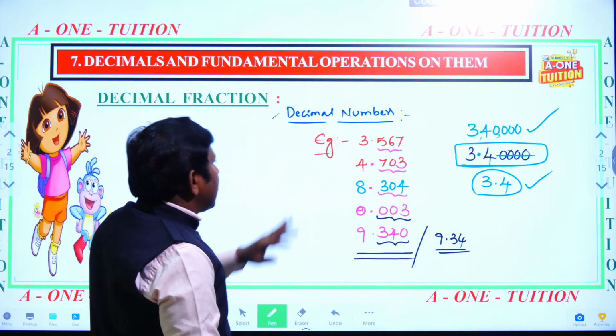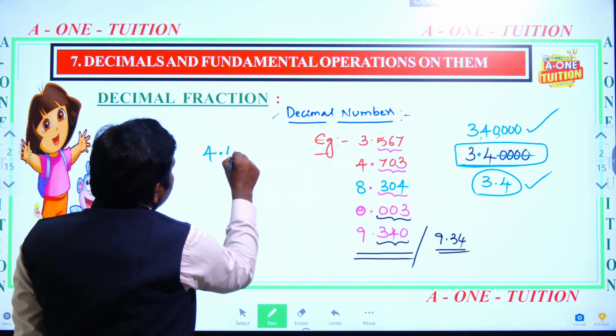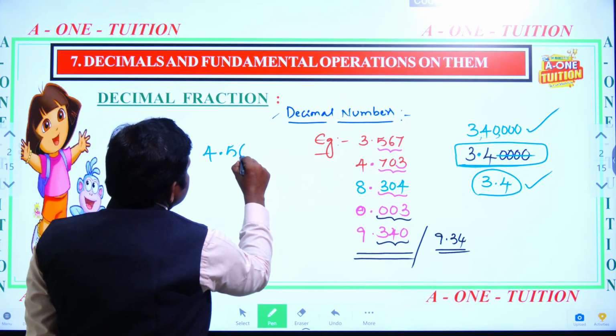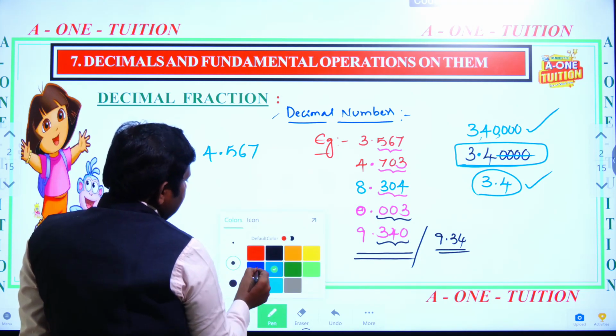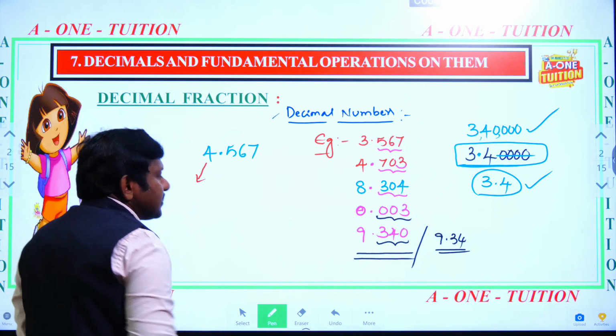In every decimal number, two parts are there. Here, before the decimal 4 is there, no?